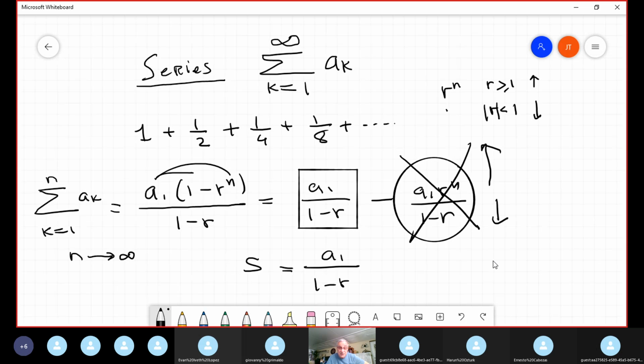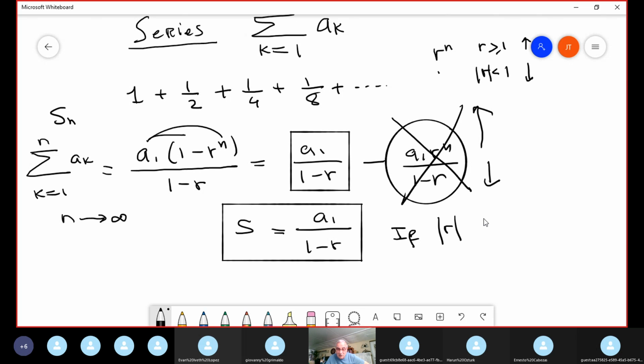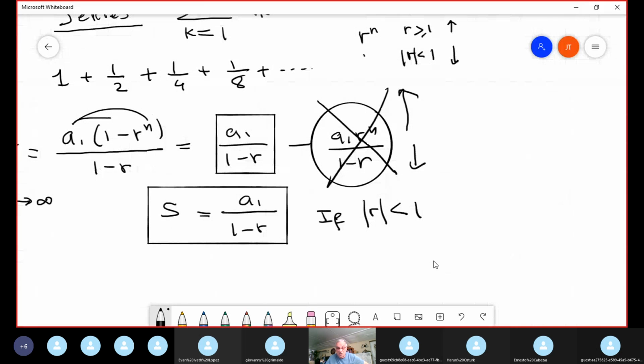The series is called just S, not S sub m. This is S sub m when it's limited, bounded. But when it's infinity, it's S. It is equal to this under the condition that the absolute value of R is less than 1. In mathematical language, this is called convergent.